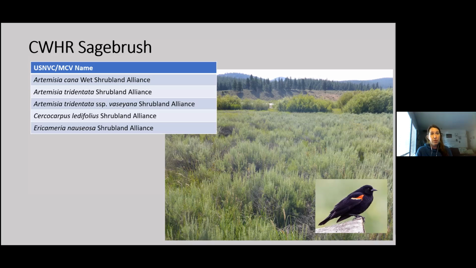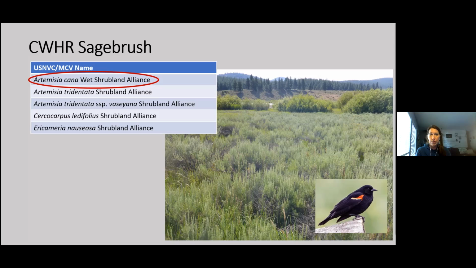A good example of this, which is a very important type in this region, is the sagebrush. CWHR has a sagebrush type, and 5 of the MCV, or California alliances, are lumped into this CWHR type sagebrush. However, they're not all ecologically similar.